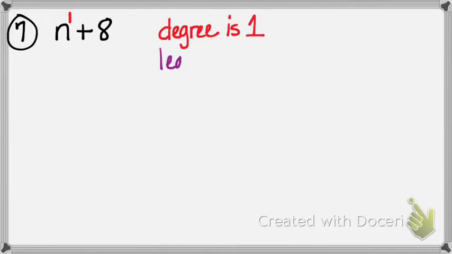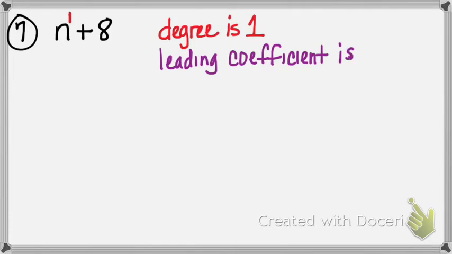Now your leading coefficient is the number in front of n. And that is also 1. So the answer to number 7, your degree is 1 and your leading coefficient is 1. Go ahead and try to do number 9 by yourself.